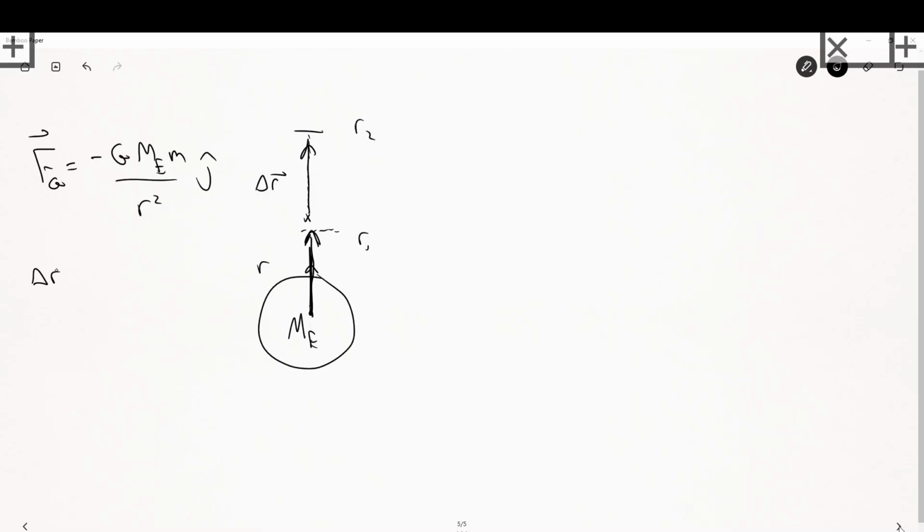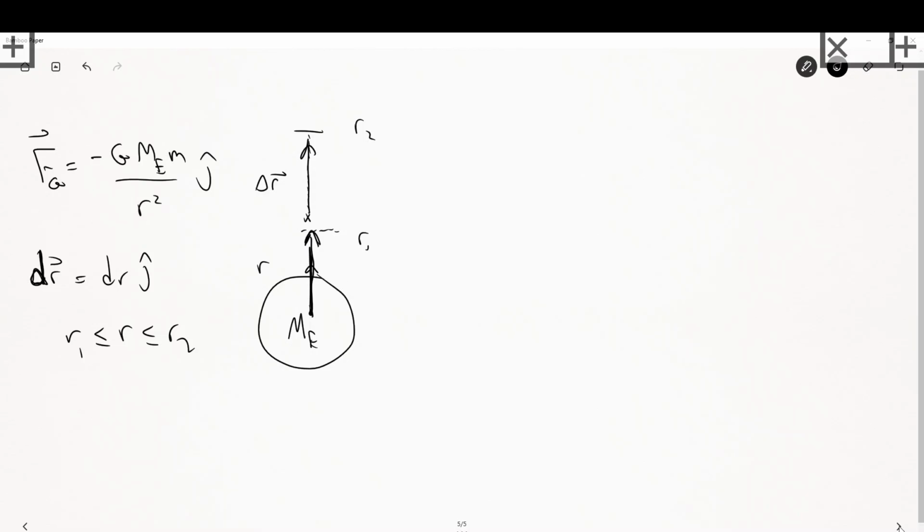And my delta r is going to have to be a dr j-hat, which accumulates from r1 to r2, from some lower radius to a higher radius.